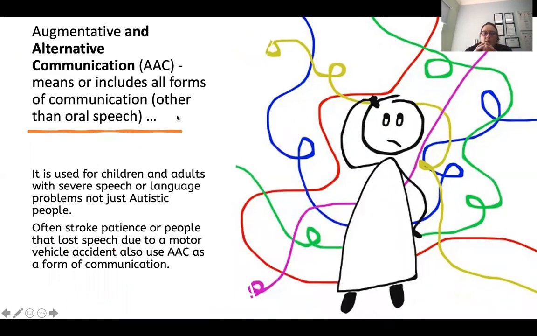So AAC stands for Augmentative and Alternative Communication, which basically means or includes all forms of communication other than speech.